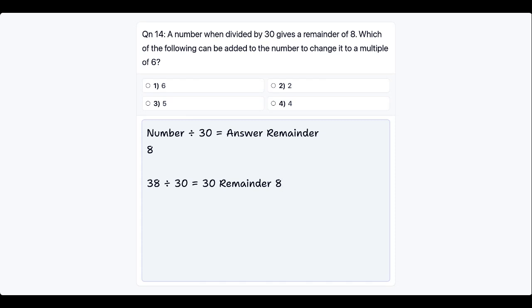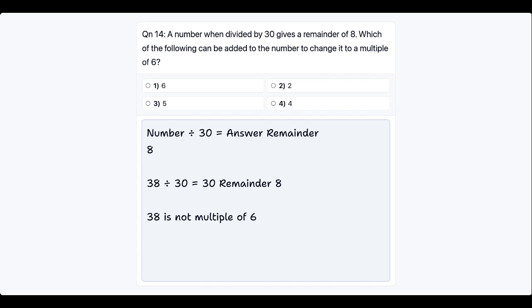So which of the following can we add to the number to change it to the multiple of 6? 38 is not a multiple of 6. So how do we add to get a multiple of 6? What's the closest multiple of 6 that is more than 38?